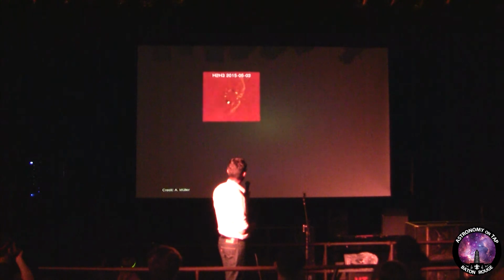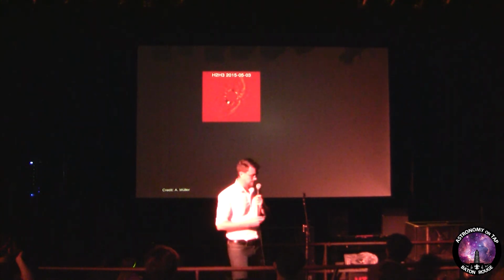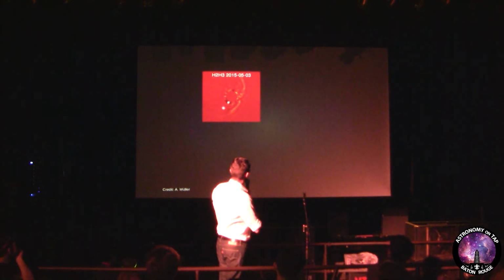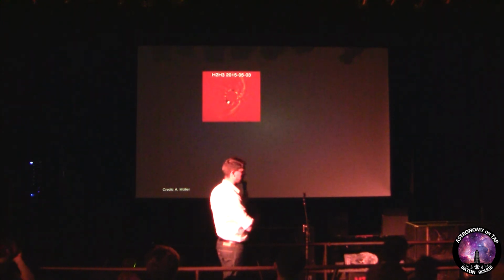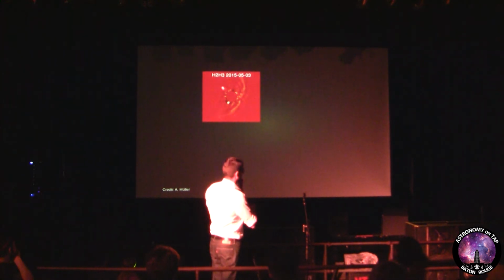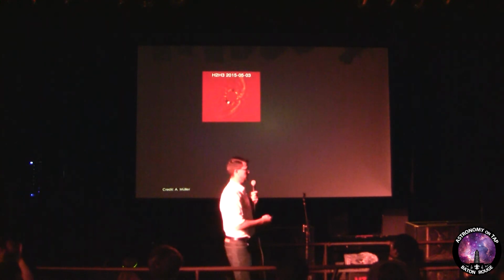We looked at it, and in 2015, May 2015, we found a signal right here. So the star is again hidden behind the mask. Here you see partially the circumstellar disk, which looks a little bit weird because of image processing. But with one image, you can never be sure if it's a real signal or if it's an artifact or anything else.